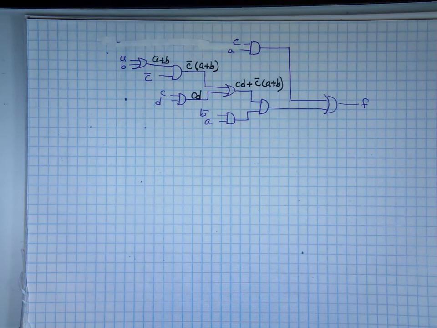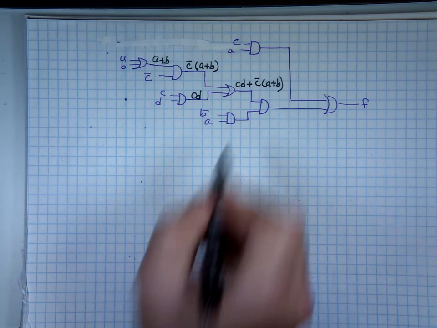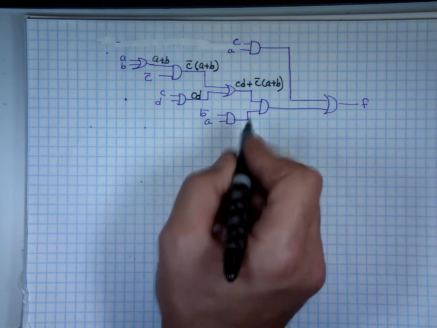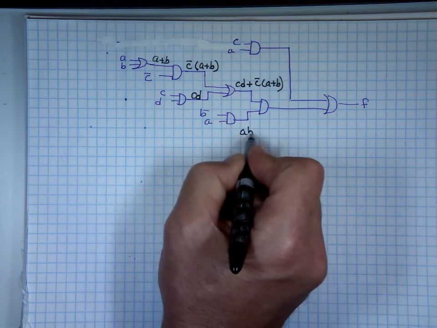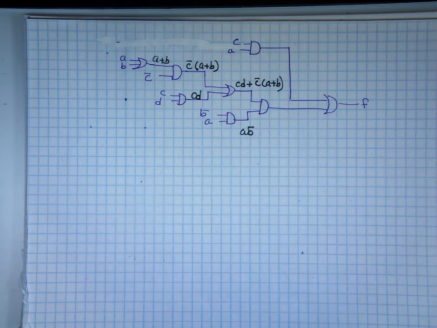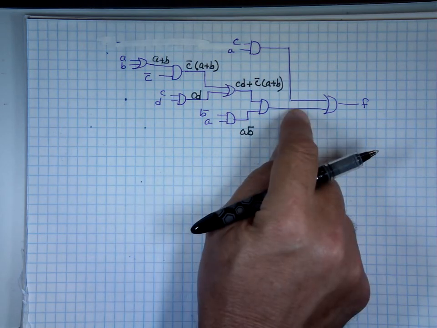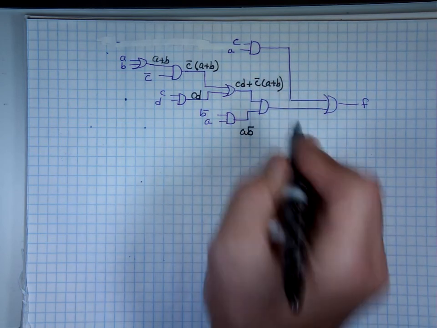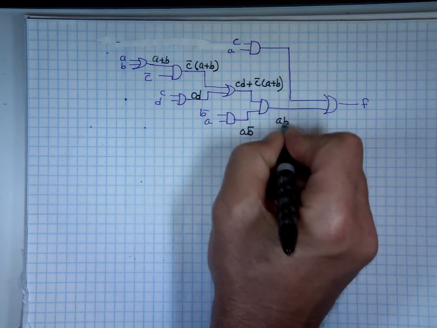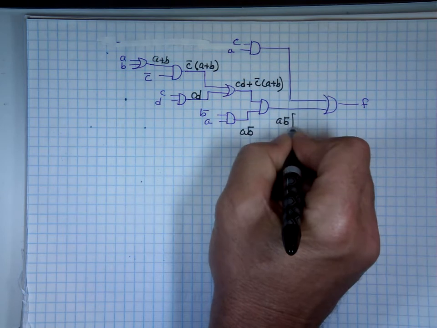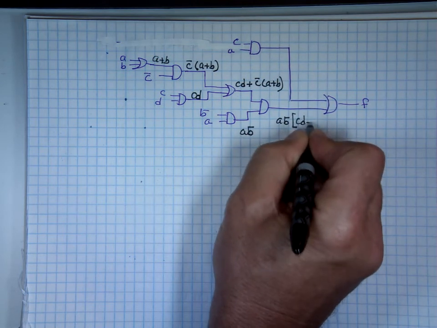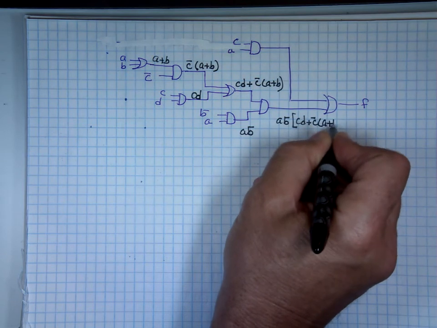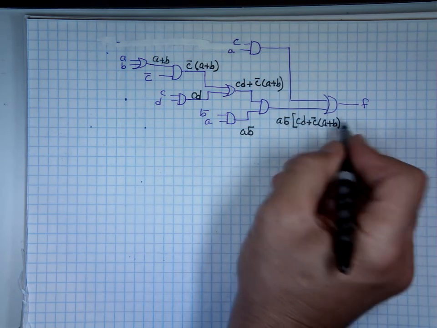This one, that's an AND gate. That'll be what? A, B bar. And this one's an AND gate of this and that. That means multiply them. So that's A, B bar, multiplied with CD plus C bar times A plus B. And what's this one?